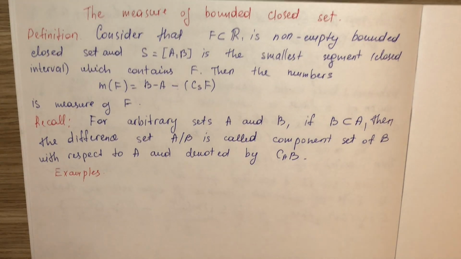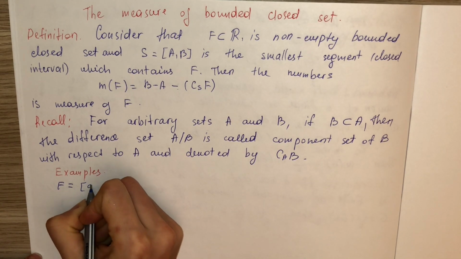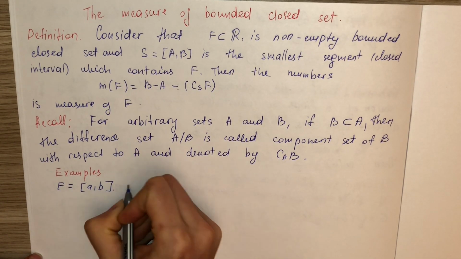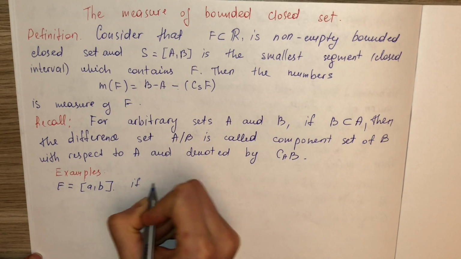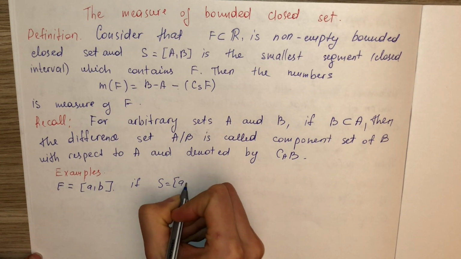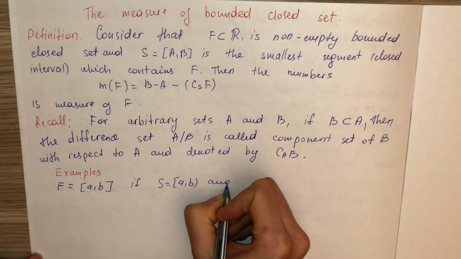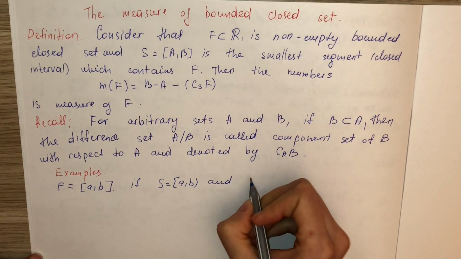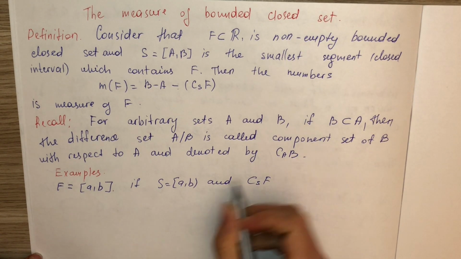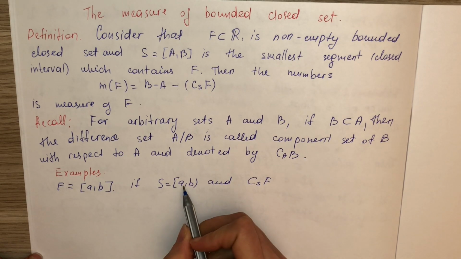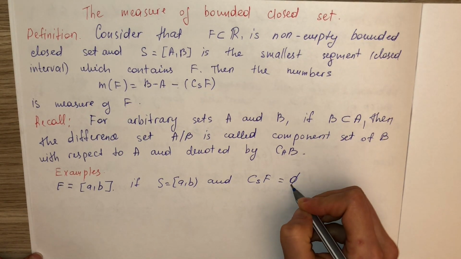Examples. Let's consider that F is a closed set [a,b]. If S is [a,b], what's the component of F with respect to S? Of course, it is the empty set.